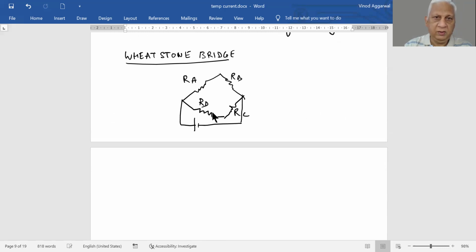Now what you do is, between these 2 junctions, you attach a galvanometer. If the galvanometer reading becomes 0, then we call it a balanced bridge.